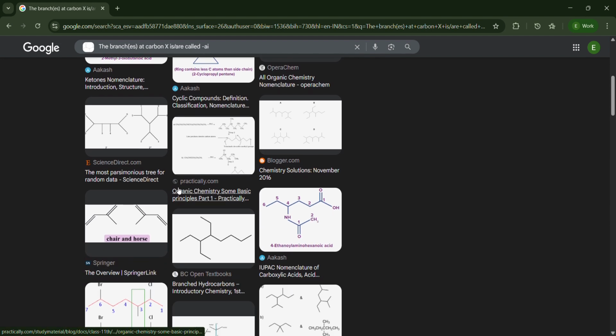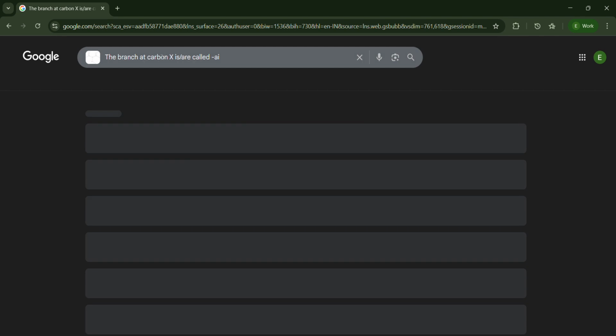As we can see, I performed the search on the given image. So let's modify the search a little bit: the branch at carbon X is called.